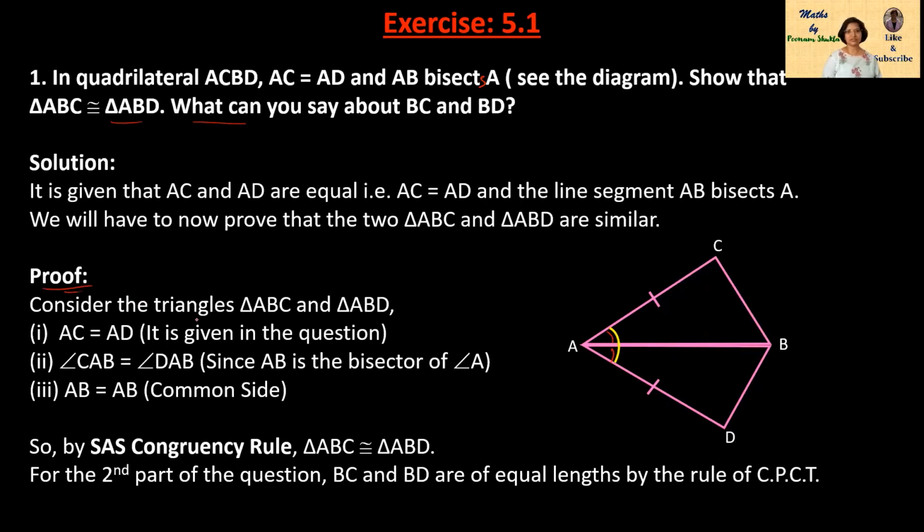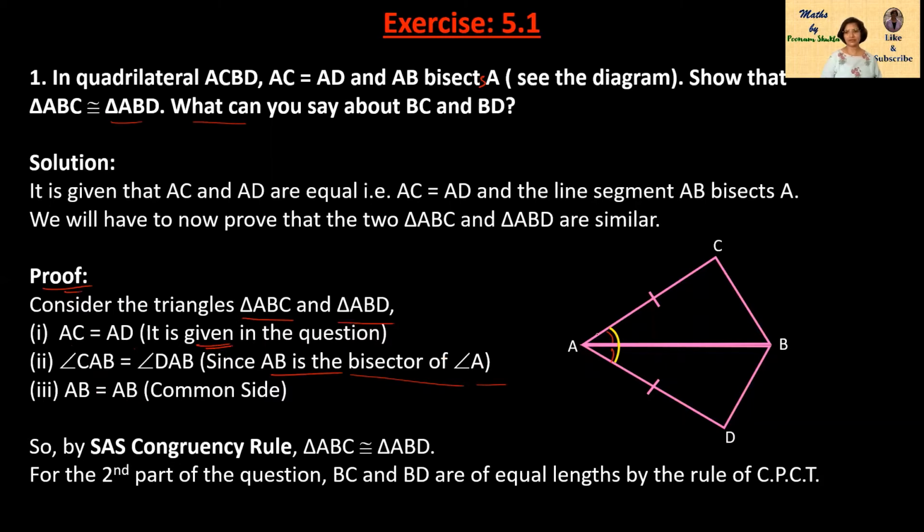After considering both triangles ABC and ABD, we can see AC equals AD, it's given. Angle CAB equals angle DAB, since AB is the bisector of angle A. And AB equals AB.